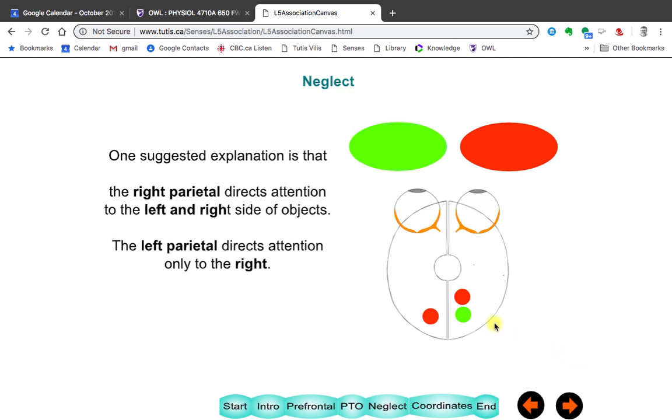And one theory is that on the right, you have representations in the parietal cortex of both this side and this side, whereas on the left, you only have this side.